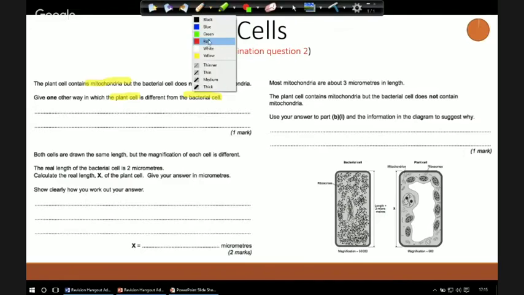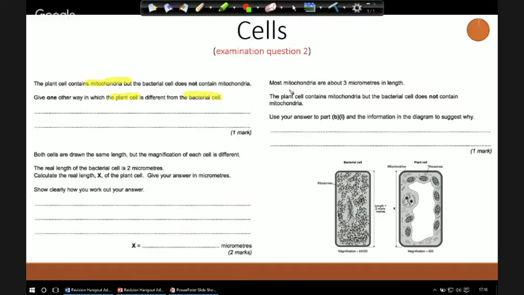The second question, both cells are drawn the same length, but the magnification of each cell is different. The real length of the bacteria is 2 micrometers. Calculate the real length x of the plant cell. Give your answer in micrometers. Show clearly how you work out your answer.